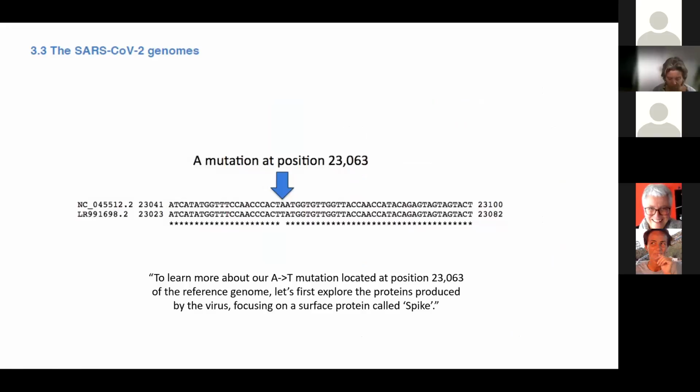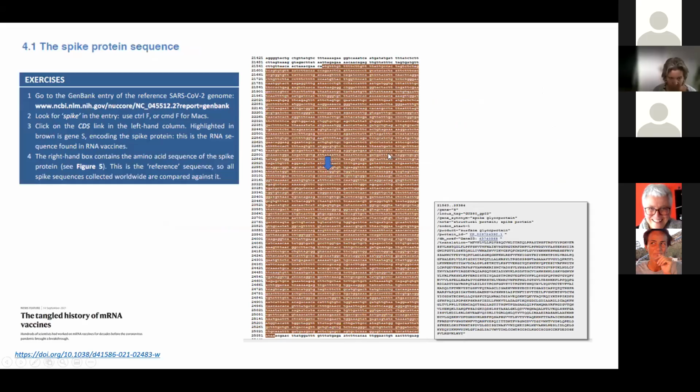So we have, of course, to focus on the protein sequence. And we explain how from a GenBank entry, you can get the protein sequence, and we also give some information on the fact that this sequence is the one which is found in the mRNA vaccines.